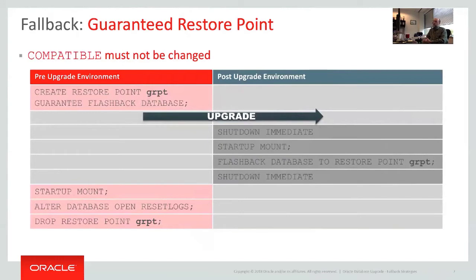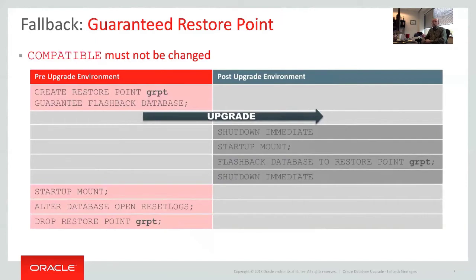We would start before the upgrade by creating a guaranteed restore point, as you see in the upper left here: create restore point, guarantee flashback database. Then you would perform the upgrade, and you could even do some initial testing after the upgrade, doing anything you want as long as you don't raise compatible.